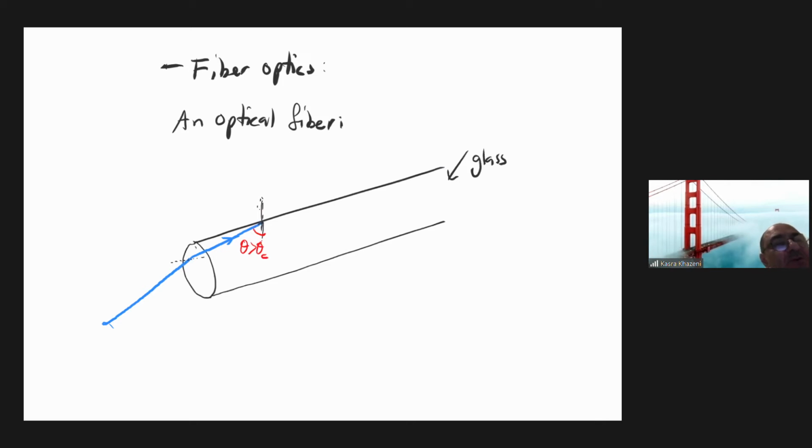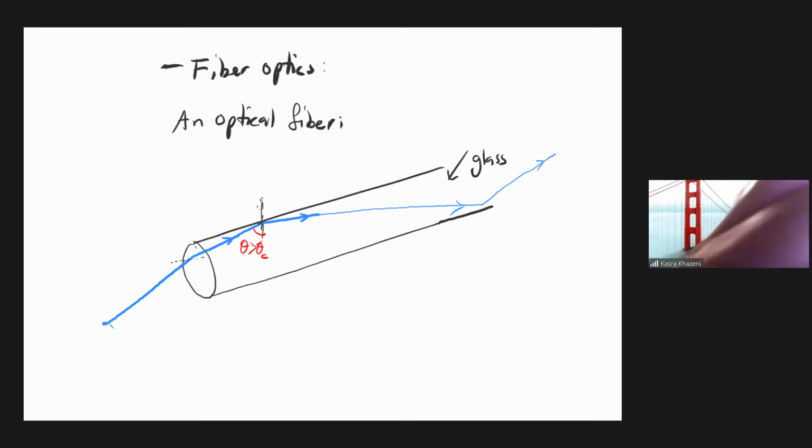Okay? This angle is larger than the critical angle. And so that surface acts like a real mirror and you get a total internal reflection. So the beam then goes in like that. And of course, it keeps going and bounces off the other walls and so on and so forth. So it gets trapped inside this fiber.